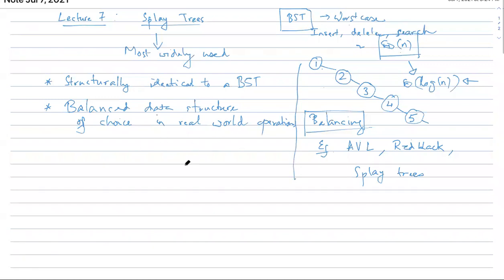It's a data structure of choice because it's not very difficult to implement the splay tree.